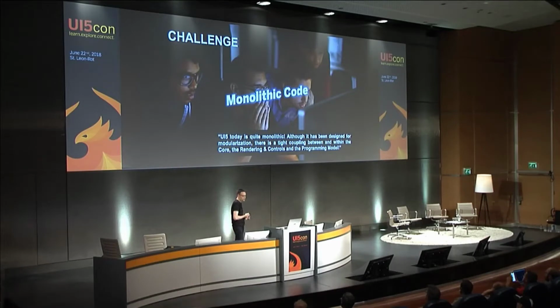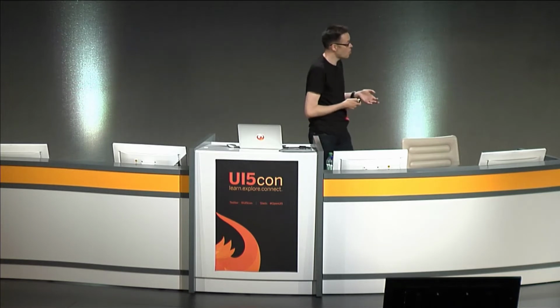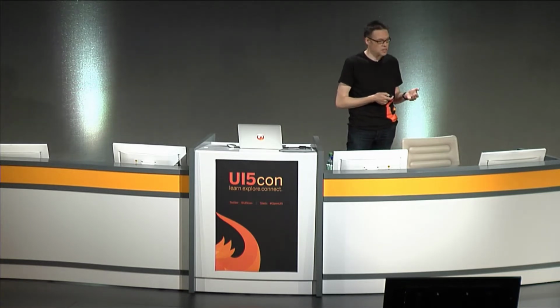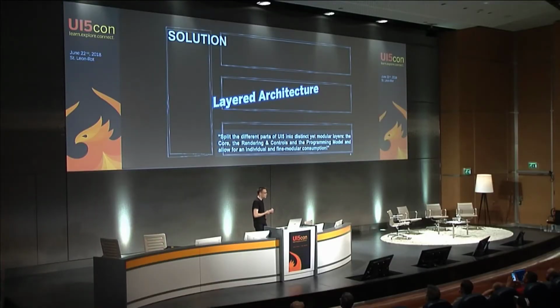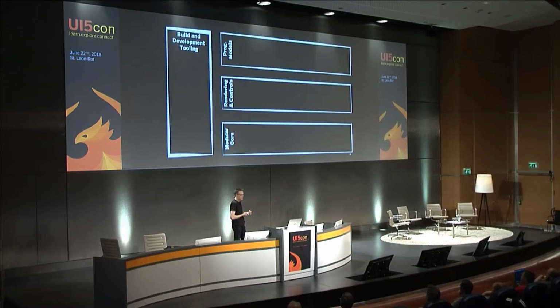So the challenge itself, or starting point, is that UI5 has, of course, a lot of features, but it's a rather monolithic code. So that needs to get broken up. And that's what you already saw in the keynote. It's about a new restructuring of the framework, having distinct layers in there, and really think along a layered architecture.